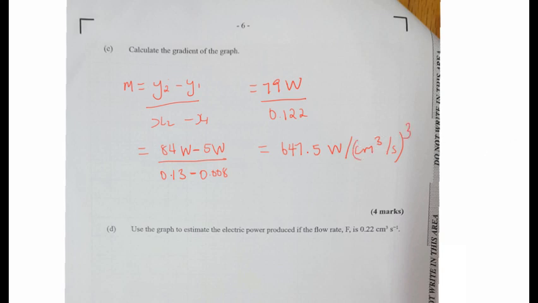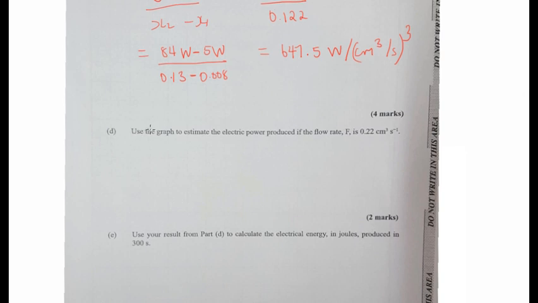Alright, now next part of the question asks us to use the graph to estimate the electric power produced if the flow rate F is 0.22 centimeter cube per second. Alright, so for this now we will need to revisit the graph.